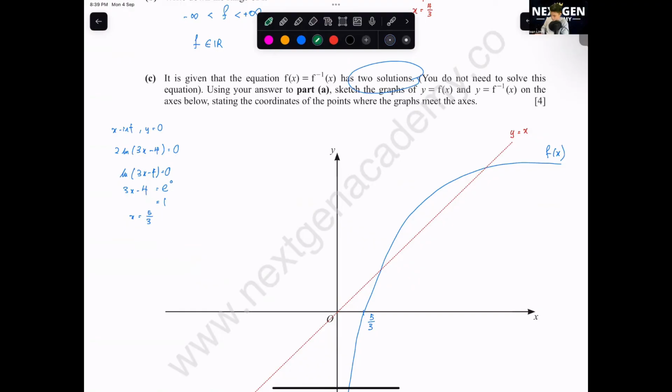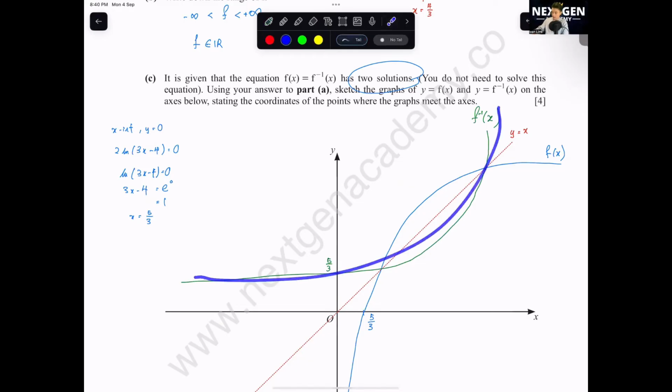So how do I draw the 2 solutions? Draw like this. Two solutions means it intersects 2 times like that. So here will be 5 over 3. You have to cut for both of them. This one will be your f inverse of x. The inverse of ln is an exponential graph, so this green colored one is actually an exponential graph.